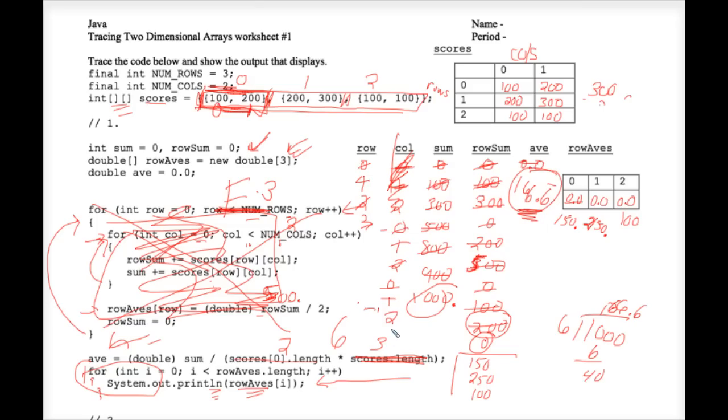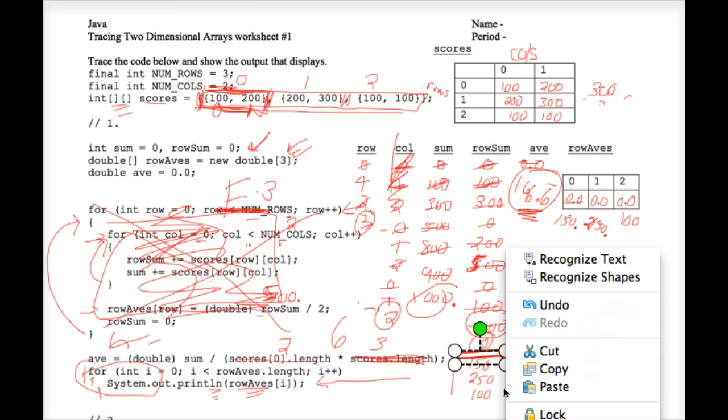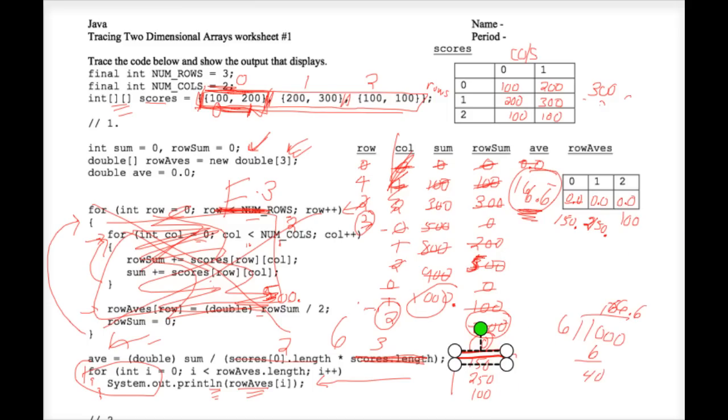Column ends up being a 2 at some point, and the variable row ends up being a 3 when the outer for loop kicks out. So there are your answers: 3, 2, 1000, 0, 166.6 repeating, and then this is your little output window that you would show me so that I know that you know what this program prints out.